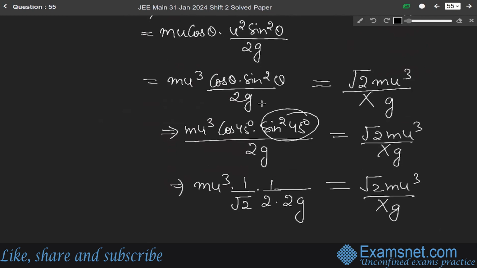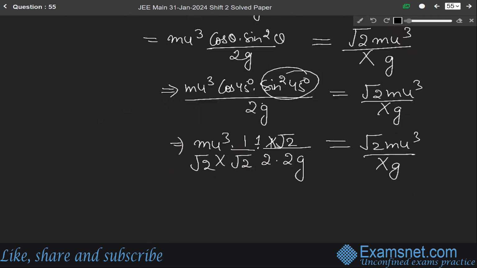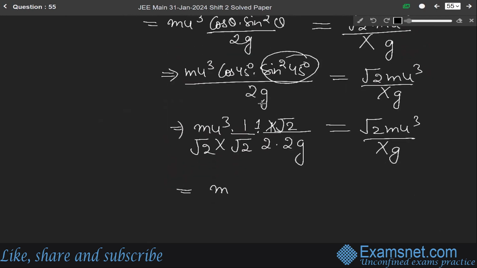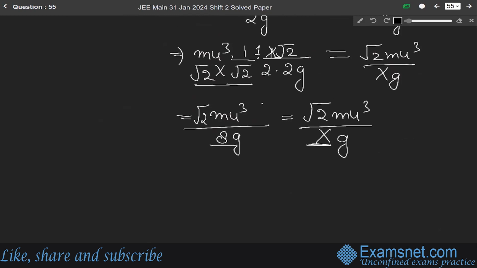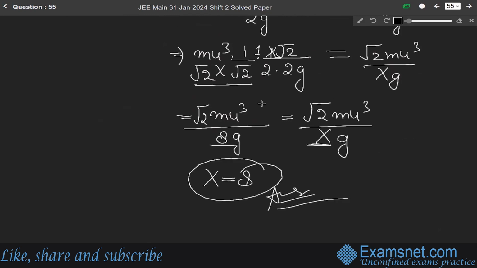Now multiplying numerator and denominator by root 2 into root 2, we get m u cube root 2 over 8g. It will be equal to root 2 m u cube over xg. So comparing these two, we get x equals 8. So here x equals 8. This is our final answer.